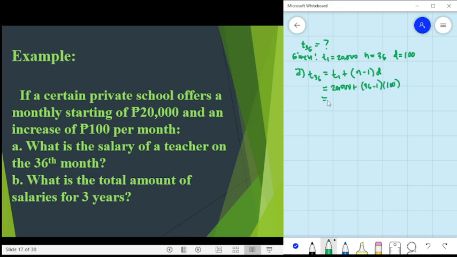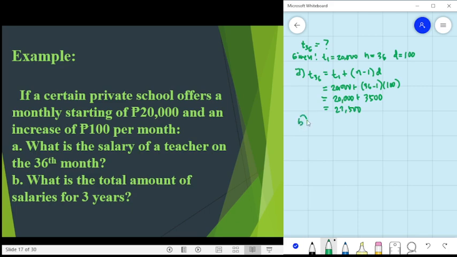So we now have 20,000 plus 36 minus 1 is 35 times 100. We have 35 times 100 is 3,500, which is 20,000 plus 3,500 is 23,500.